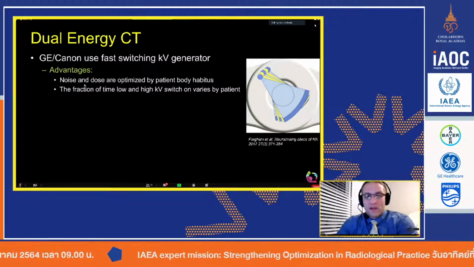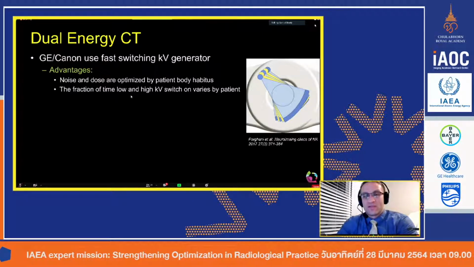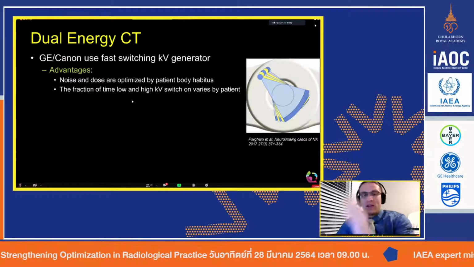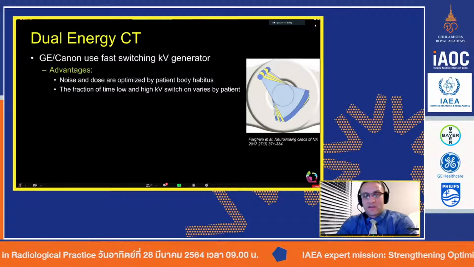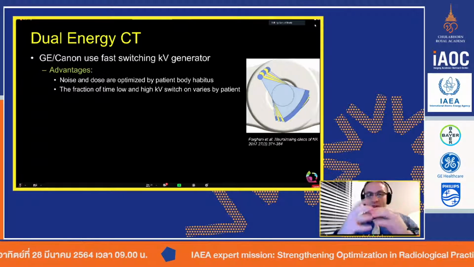Now, you will spend a greater amount of time acquiring low energy. So it's not always perfectly low, high, low, high. It might be low, low, high. The system will change the amount of times it uses low versus high, depending on how thick or thin the patient is.